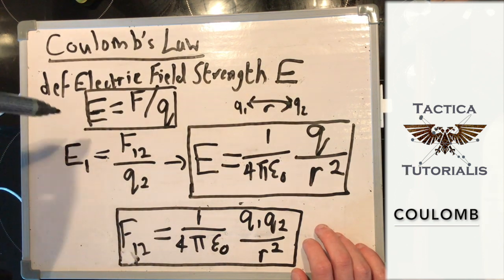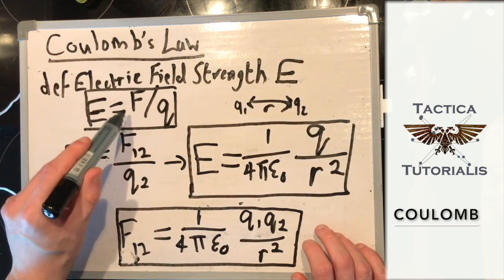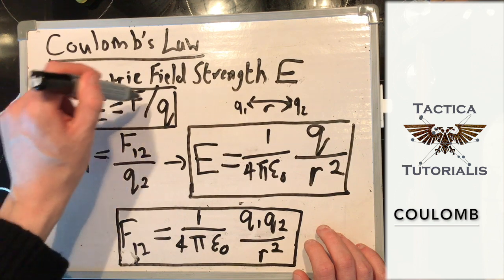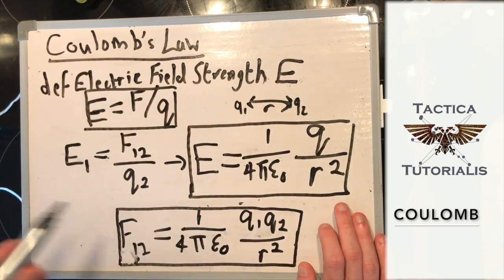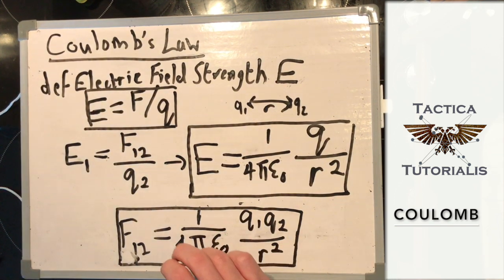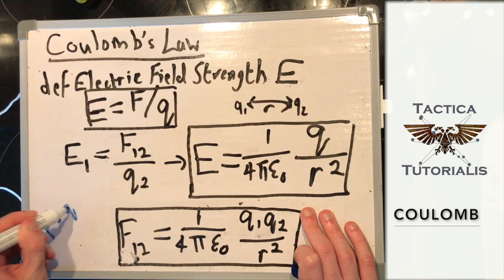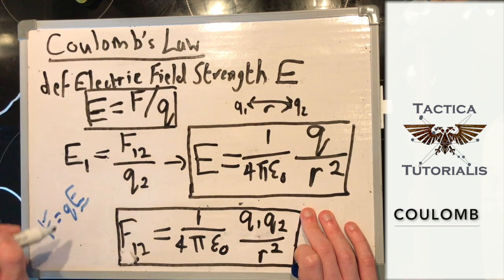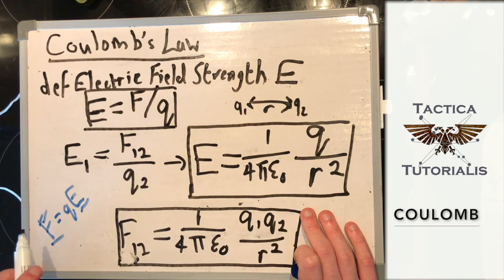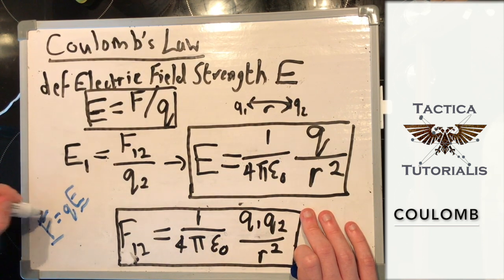You then need to apply this definition of the electric field strength, where E is F over Q. You will also probably see it written as F equals QE. That's the more common notation for this law.